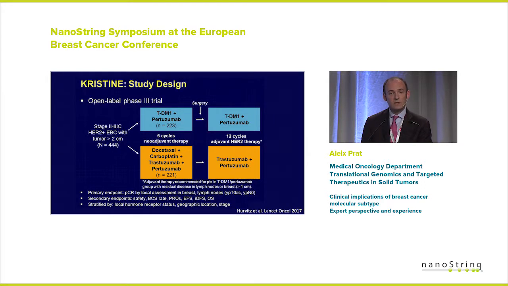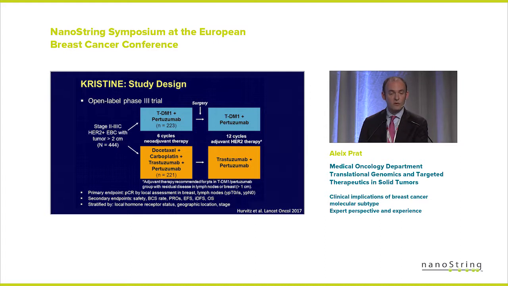We recently reported new data in San Antonio, and this is data from the KRISTINE trial that you are probably aware of. This is also a neoadjuvant trial, HER2 positive, defined by standard criteria, and these patients were randomized to a strategy of T-DM1 plus pertuzumab in the neoadjuvant setting, or a common regimen, which is docetaxel, carboplatin, trastuzumab, pertuzumab.